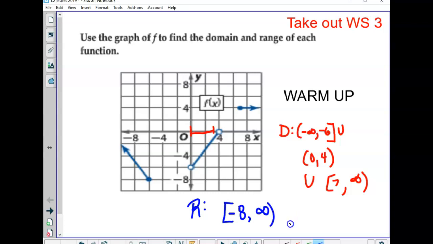This goes up. So the bottommost point is at -8, and there is no topmost point. We don't need to describe all the rest of this because we're just looking for the very bottom to the very top. Good call. Okay.